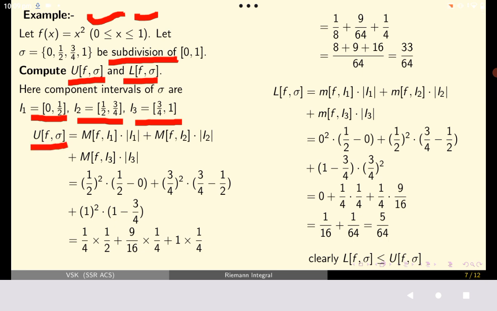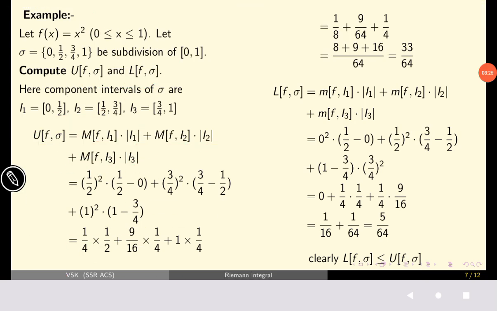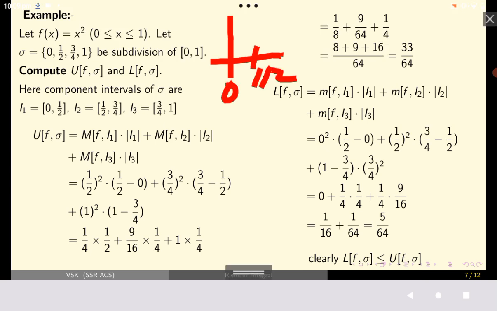So the upper sum will be, by definition, the supremum value of f on I1 into the length of I1, plus the supremum value of f on I2 into the length of I2, plus the supremum value of f on I3 into the length of I3. When we put these values over here, because we are considering f(x) equal to x square, the supremum values will be at the end points. So on the first interval 0 to 1 by 2, the supremum value will be at 1 by 2.